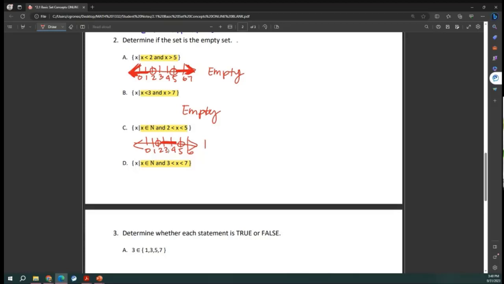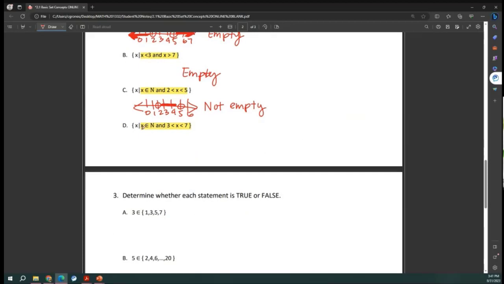We have 2 elements. We have 3 and 4. So this set would not be empty. I think it's going to be multiple choice. They're just asking you if the set is empty or not empty.